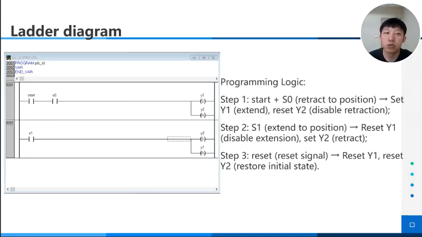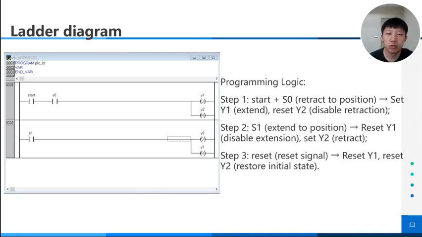First, the ladder diagram. The programming logic is clear. In the first rung, when the start signal and the position signal S0 are triggered together, set Y1 and reset Y2 to make the piston extend. In the second rung, when the extended position signal S1 is triggered, reset Y1 and set Y2 to make the piston retract.